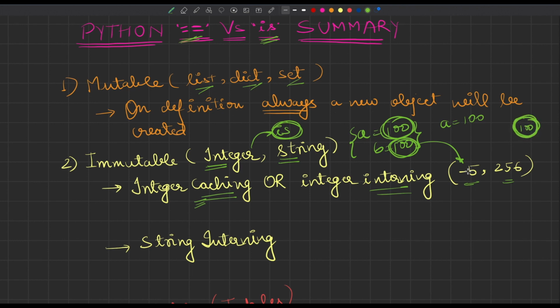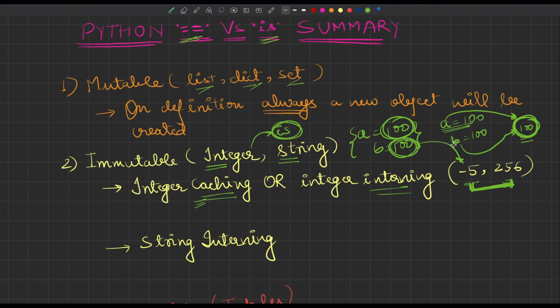Basically, Python creates an integer object for every integer lying between -5 and 256 inclusive. So if you define A equals 100, then A is going to point to that pre-created object of 100. Similarly, if you do B equals 100, B is also going to point to that same 100, because Python already has pre-created these objects. It's not going to create another object. That is purely for memory optimization.